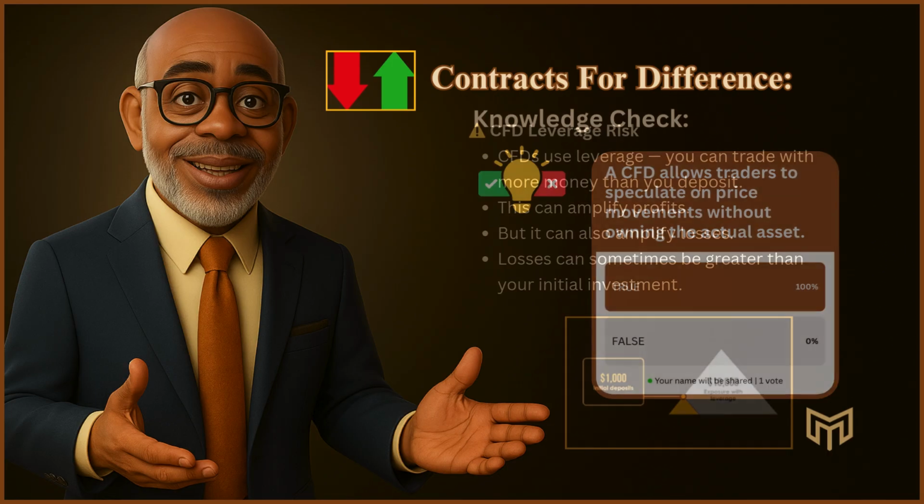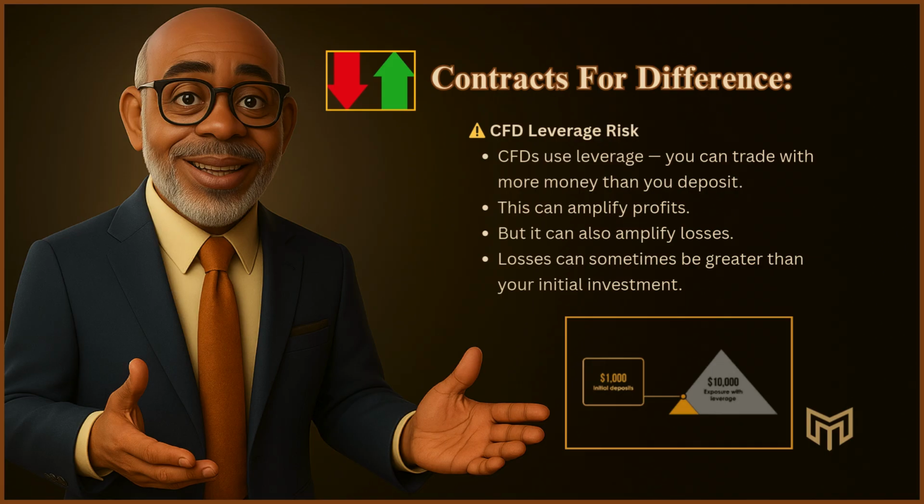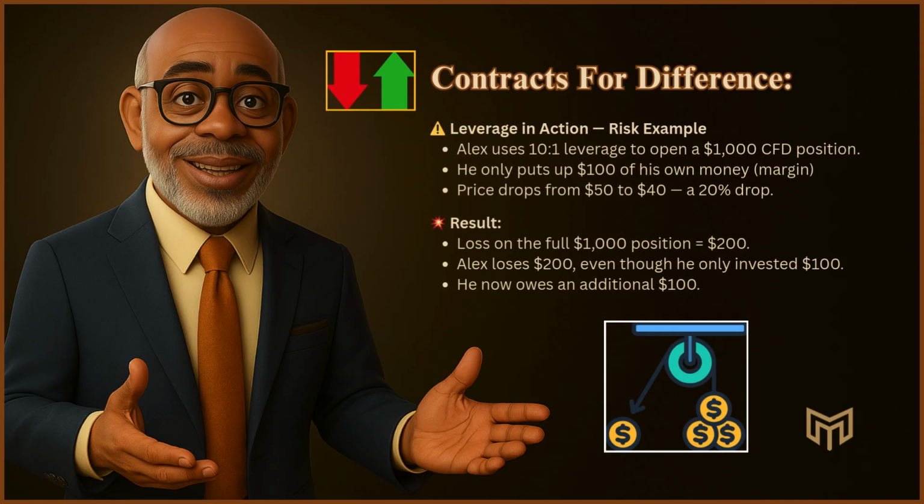As with any market, trading CFDs can be profitable, but traders must understand the risks. CFDs use leverage, which means you can trade with more money than you put in. This can lead to bigger profits, but also bigger losses, sometimes more than you originally invested. Here's how leverage can work against you.